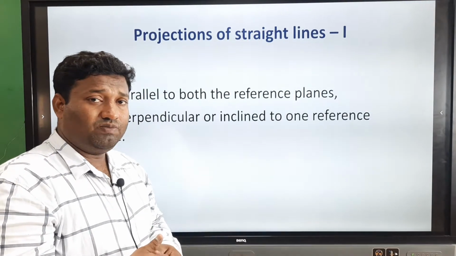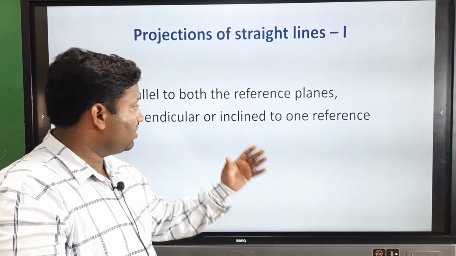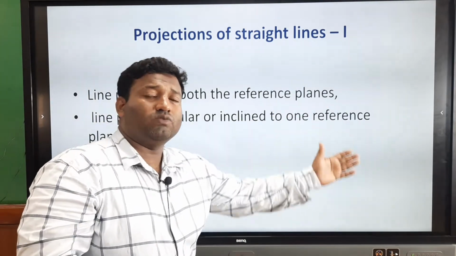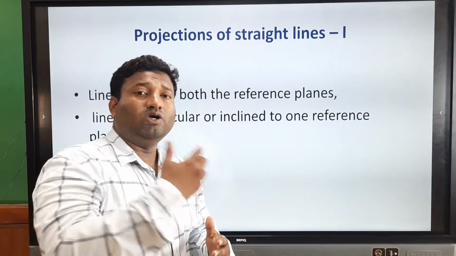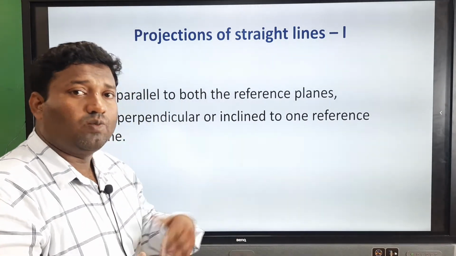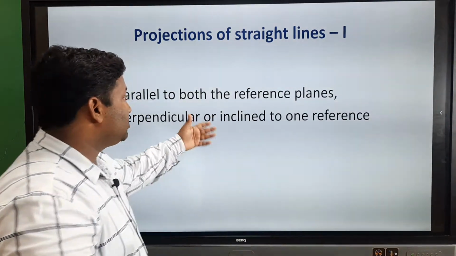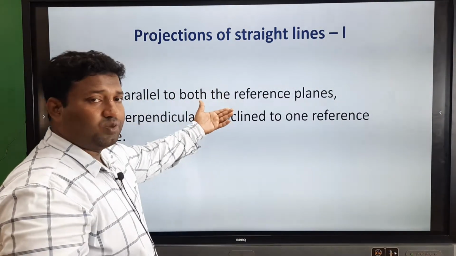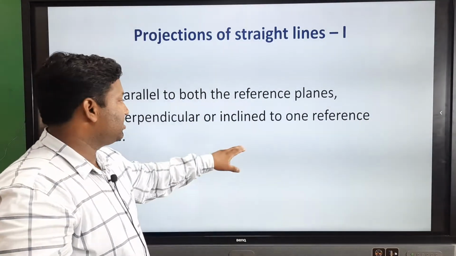Another topic is when the line is inclined to one of the reference planes, then how it will appear when viewed from the other side, that we have to project. So there are three conditions: one, the line is parallel to both reference planes; second, perpendicular; third, inclined.